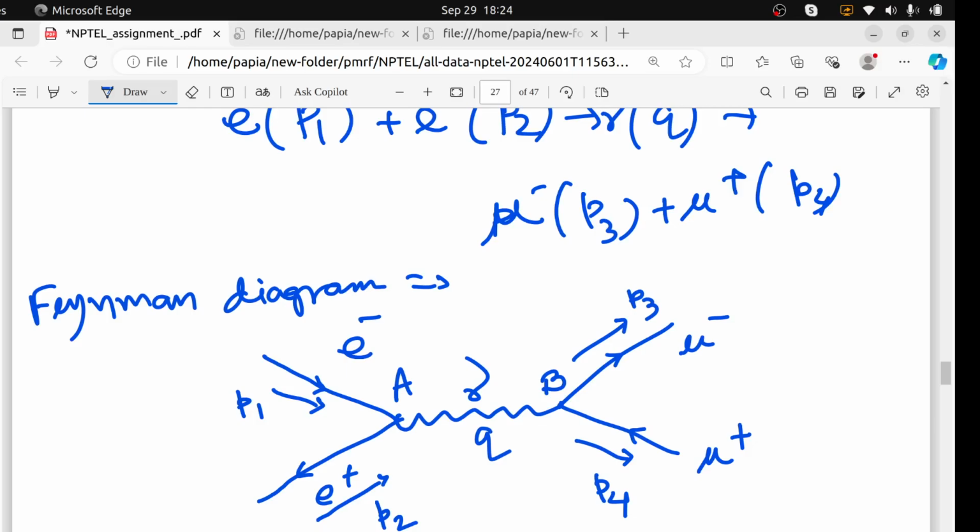E plus is an antiparticle, so for the notation of the configuration, we say the direction of E plus is just opposite. Similarly for mu minus, it is going outside, that is fine. But as it is an antiparticle, we write the opposite direction. Okay, fine.